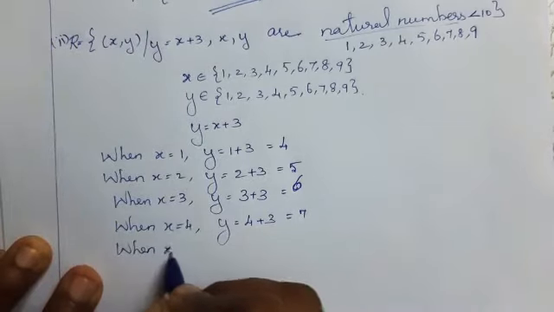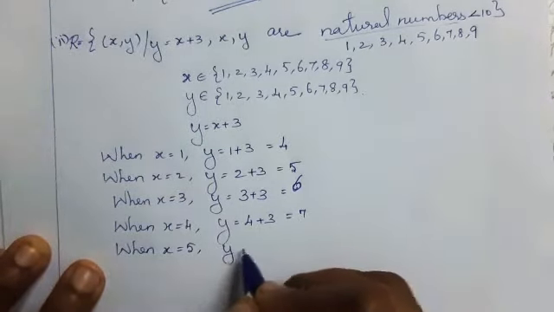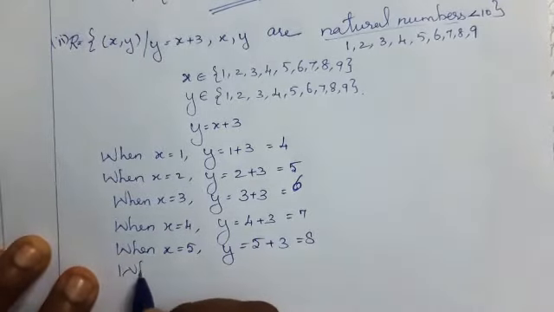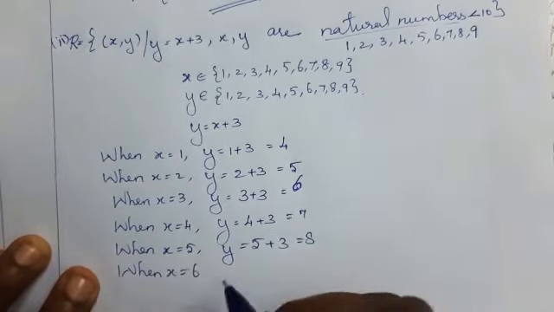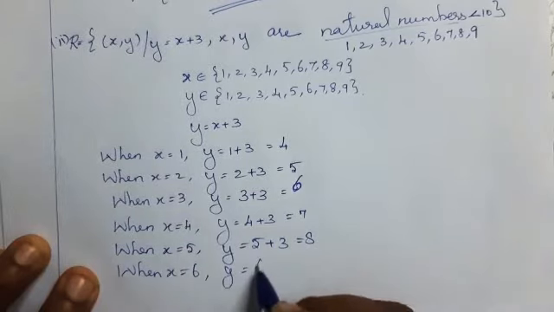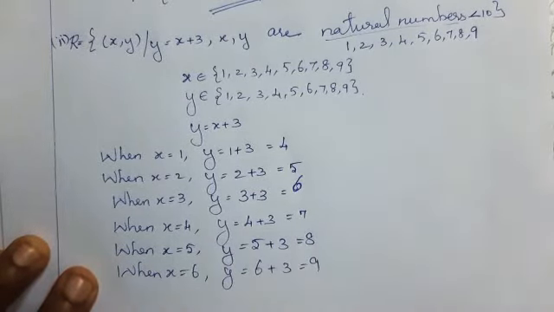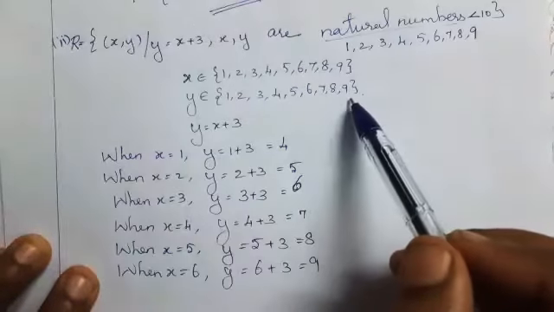When x is equal to 5, y is equal to 5 plus 3, 8. When x is equal to 6, y is equal to 6 plus 3, 9. Hereafter you can't do. Why? When x is equal to 7, 7 plus 3, 10. y belongs to up to 9.